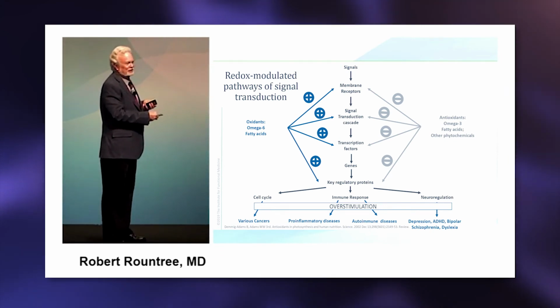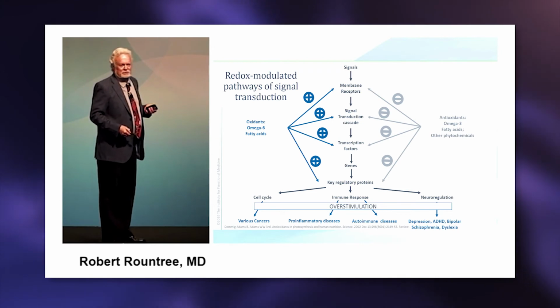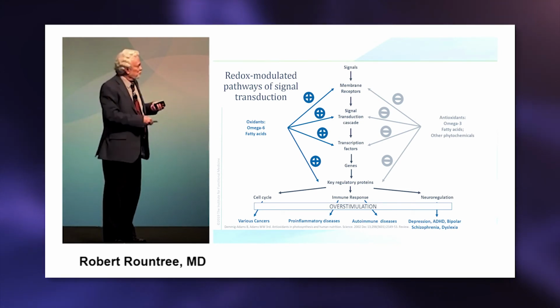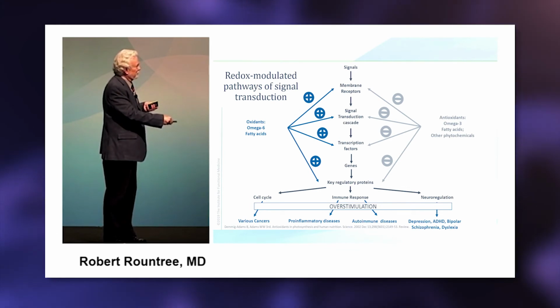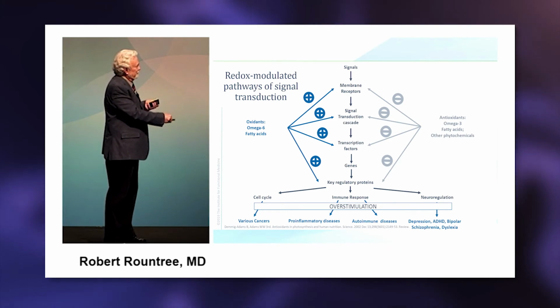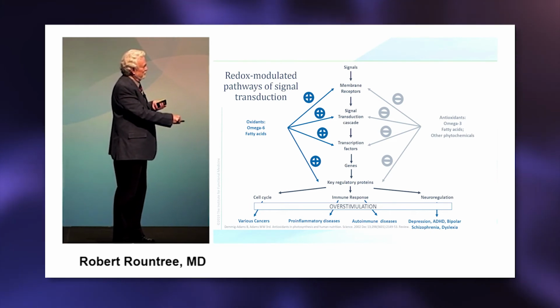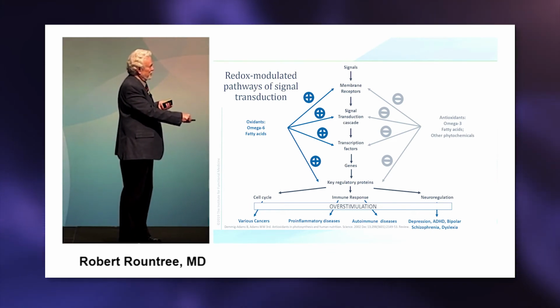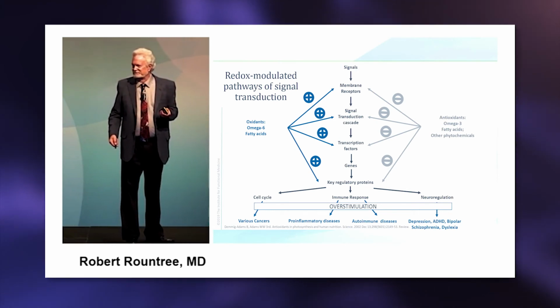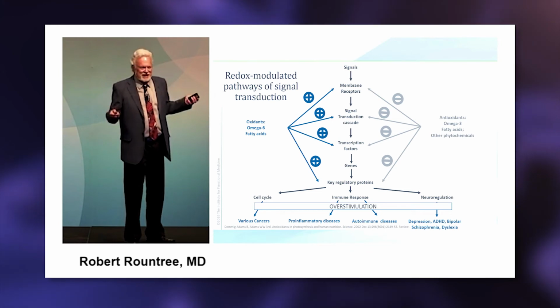This could be the same signal. Could be a sticky bun or a yeast. But look at all the different ways it can play out. So a yeast overgrowth could lead to cancer, pro-inflammatory disease, autoimmune disease, or depression. Are you with me on that? So the same trigger.